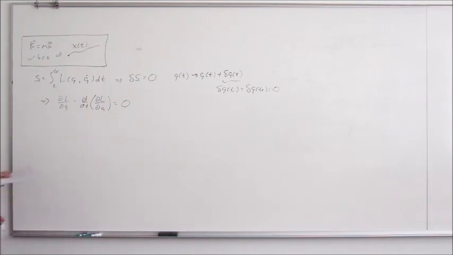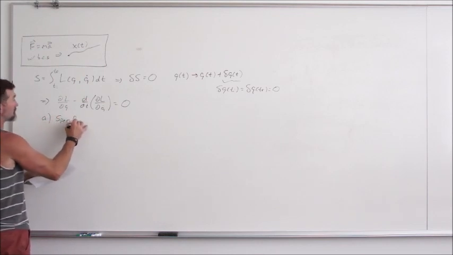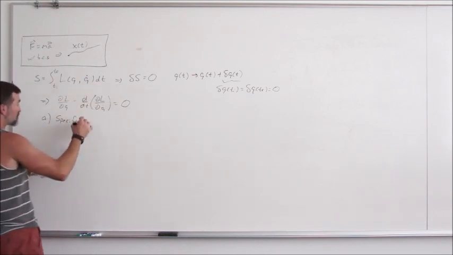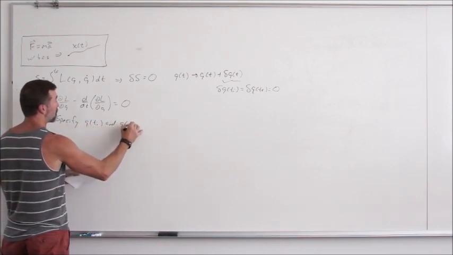Okay. So how do we use this? So we've got kind of two ways that we can use it. One way is we can specify q of t_i and q of t_f.